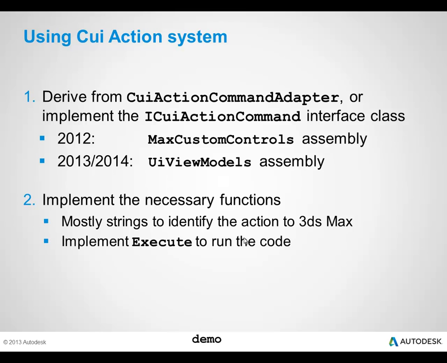And again, depending on whether you're in 2012 or 2013-14, the assembly is different to get this. Okay? And then you implement the necessary functions, and it's mostly strings to identify it properly to max, and then there's a single execute that will allow you to run the code. Okay, so when the action is chosen, no matter where it resides in the user interface, it's going to call into the execute to run it.